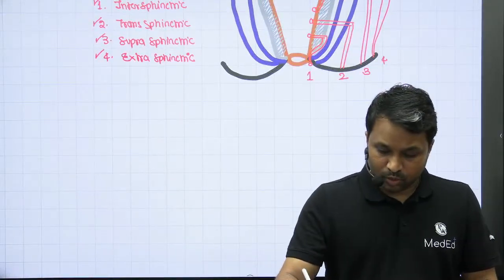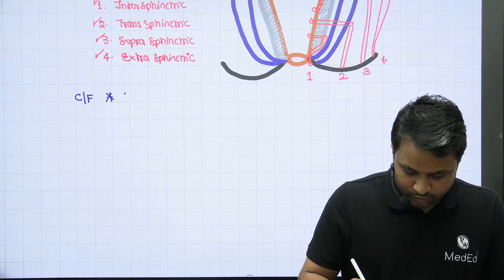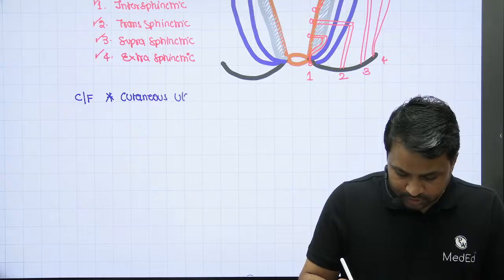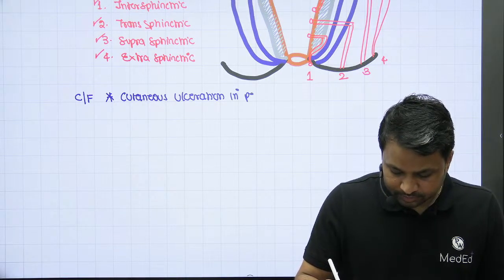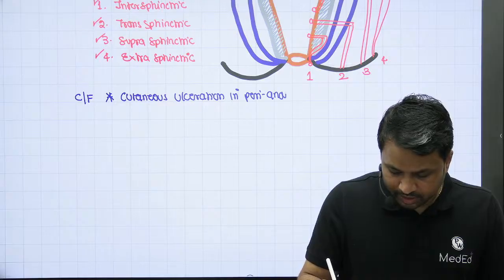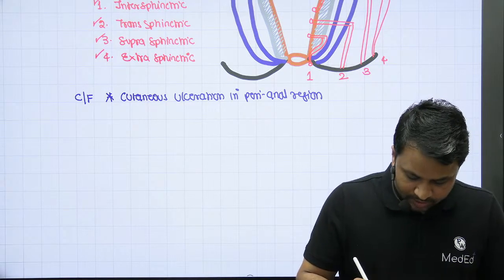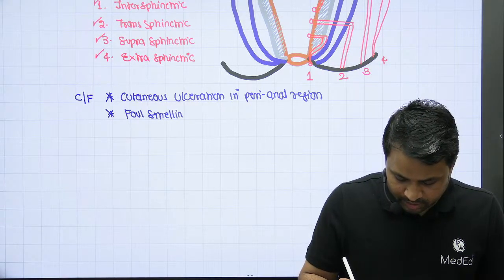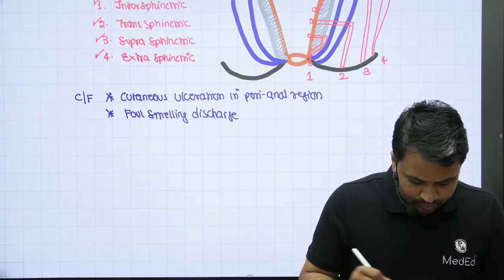Any patient who has fistula in ano will present with cutaneous ulceration in the perianal region. There will be a foul smelling discharge.